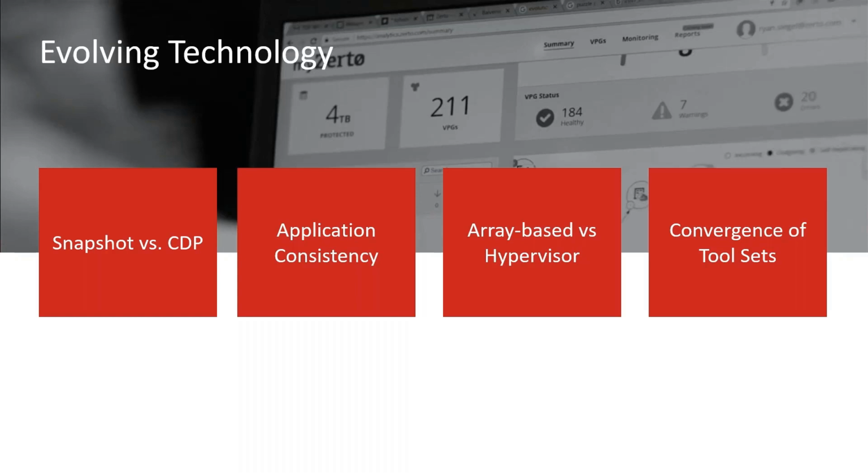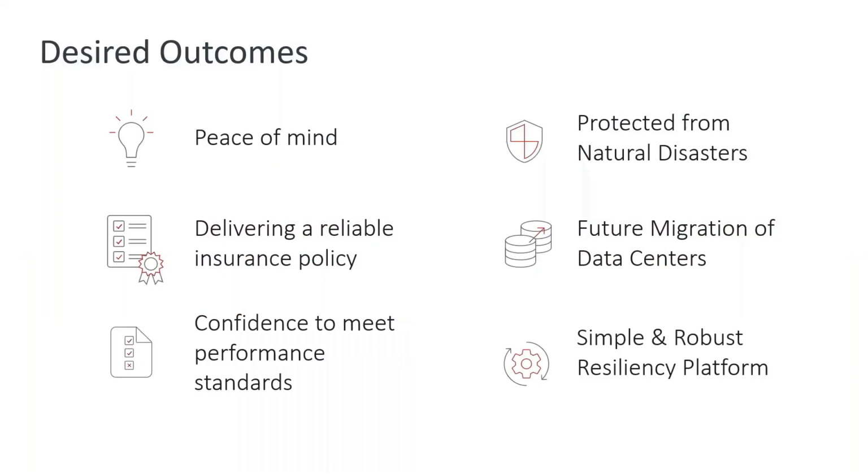So to wrap it up, your desired outcomes of today's DR and IT resilient capability are: you want peace of mind. You want to know it works. You want to be able to test it as many times as possible within a year and audit that capability.